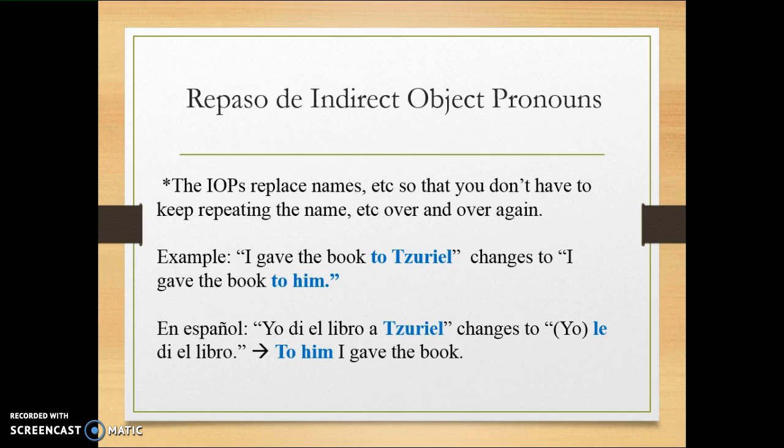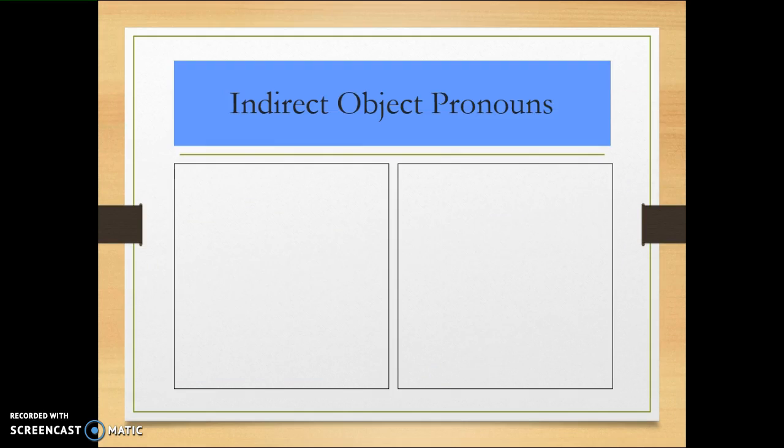In Español, the same sentence above, I gave the book to Zariel. Yo di el libro a Zariel changes to yo le di el libro. To him, I gave the book. So we had practiced with this. And the placement of it, remember, it goes before the conjugated verb. So, again, just a quick repaso.